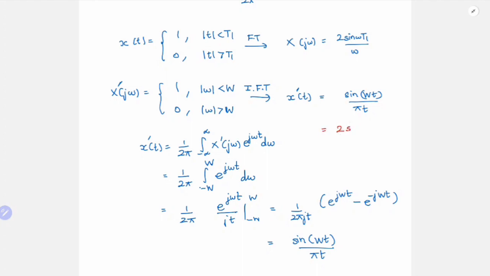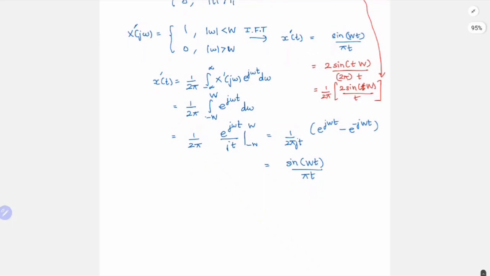If I write this as sine of W t by 2π t, and take this 2π common out, I have 2 sine tW by t. So you can see the relation between this and this. It is just replacing t with omega, and an extra factor of 1 by 2π is coming. So it is actually taking the same form only.